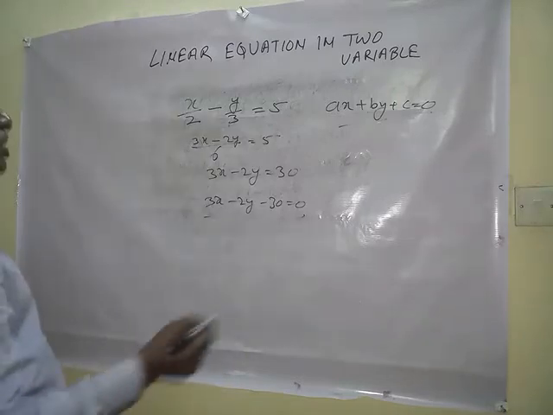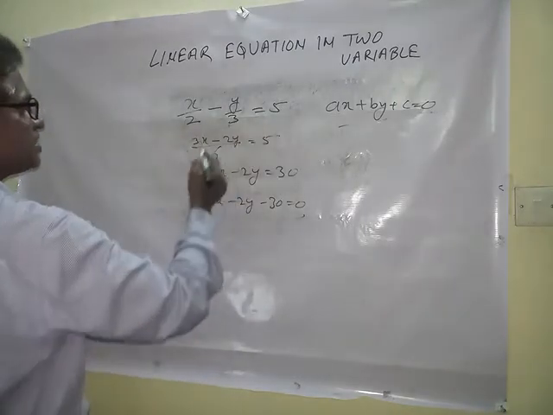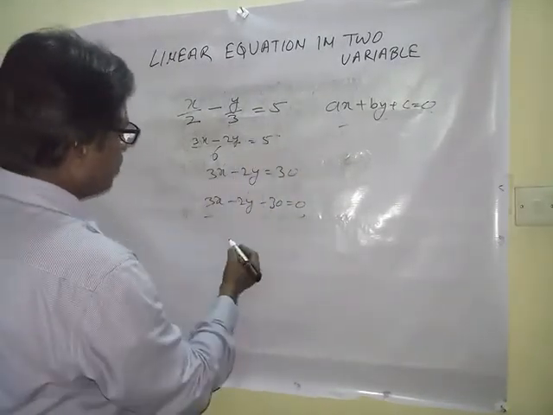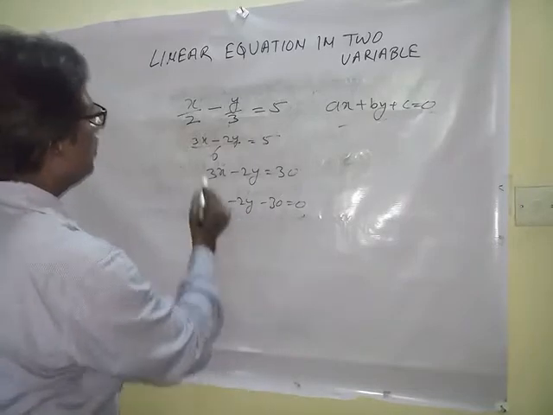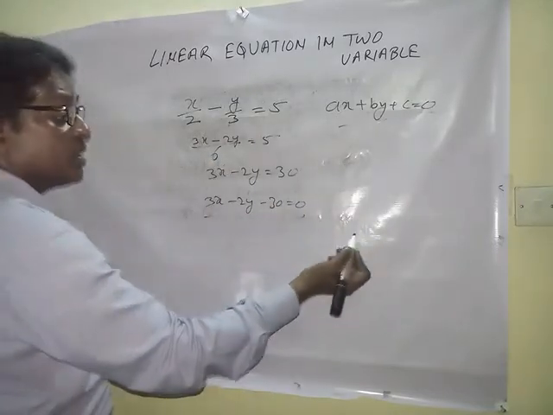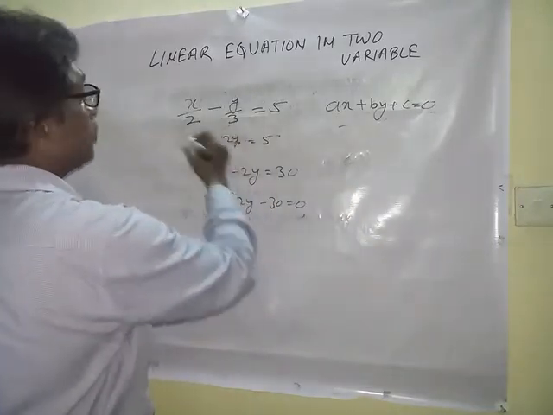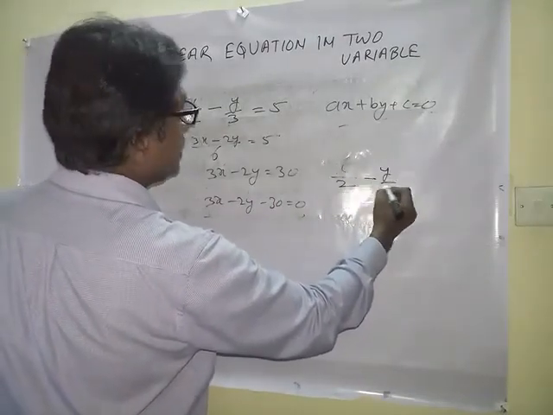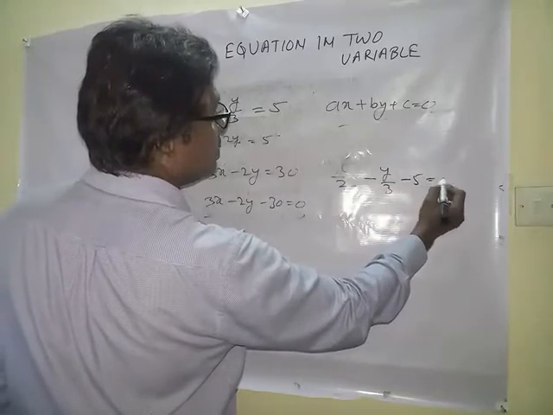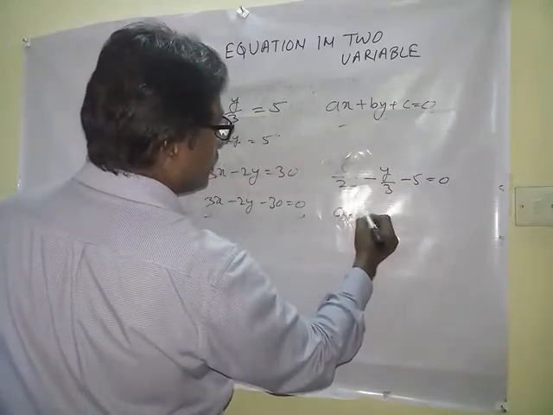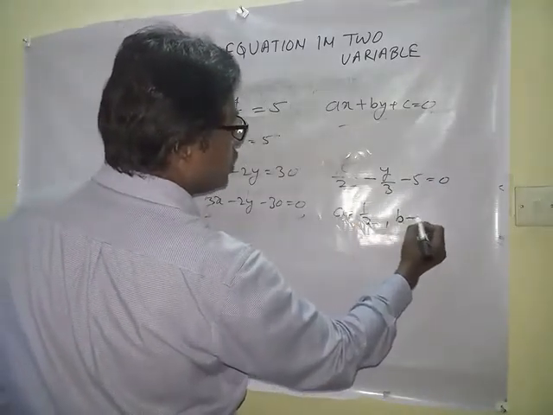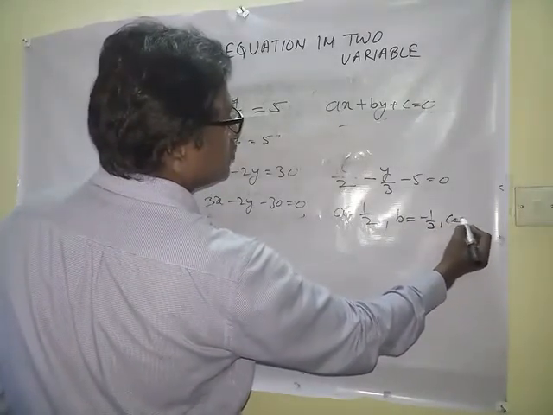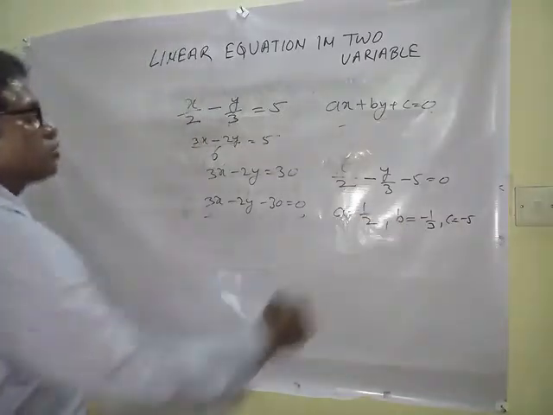Even in this equation, if you are asked to find the values of a, b and c, you can solve it here. Or otherwise, if you are at the end of the exam and don't have the time, you can write x upon 2 minus y upon 3 minus 5 is equal to 0. The value of a is 1 upon 2, the value of b is minus 1 upon 3, and the value of c is minus 5. That also you can do.